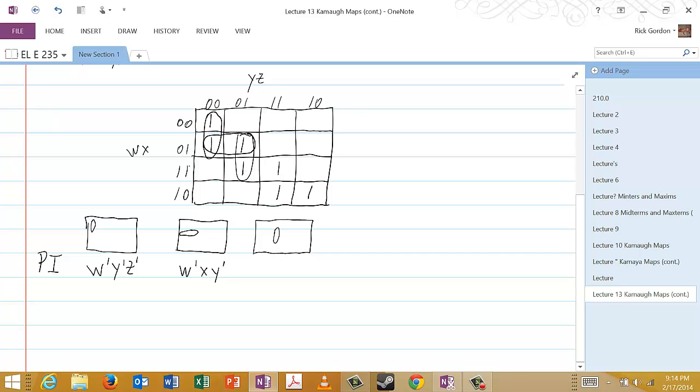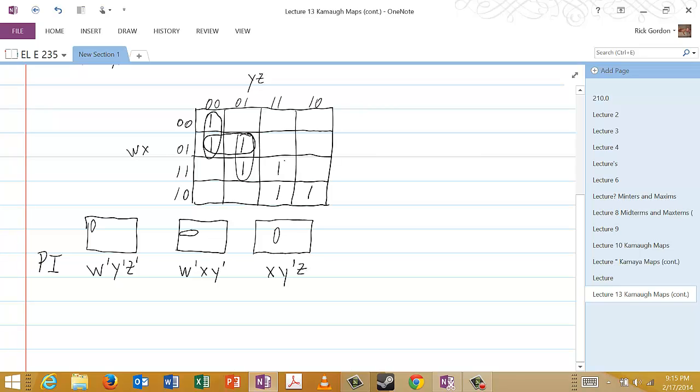X is constant and equal to 1, so we have X. Likewise, since this is a vertically arranged grouping, Y and Z will both be constant. Y will be constant equal to 0, Z will be constant equal to 1, so we have Y prime Z. And so the name of that prime implicant is X Y prime Z.